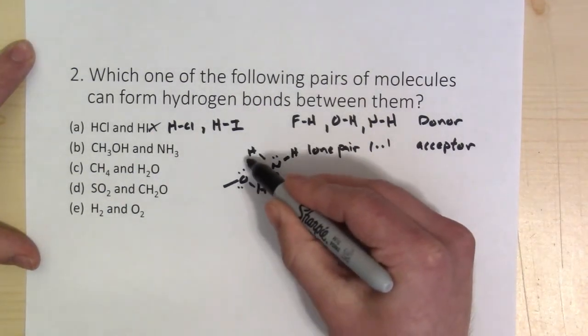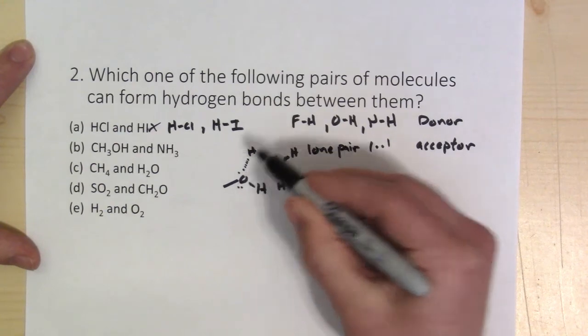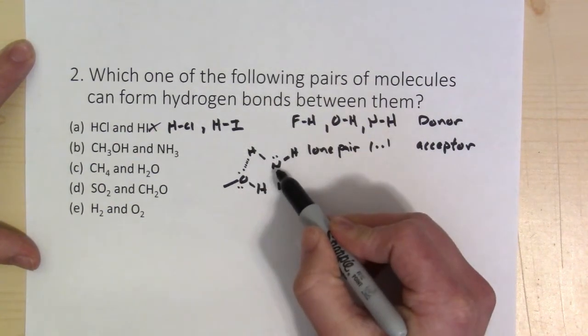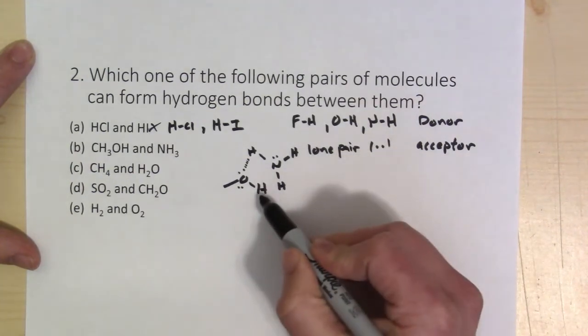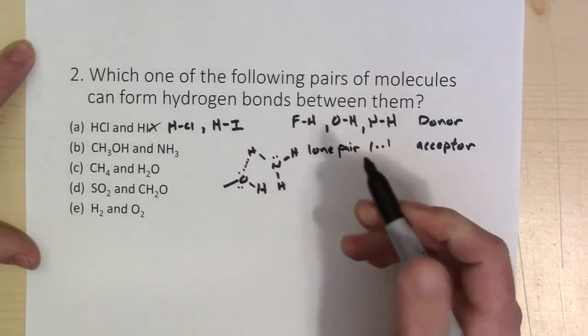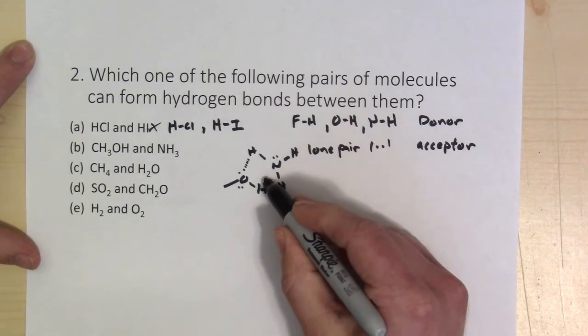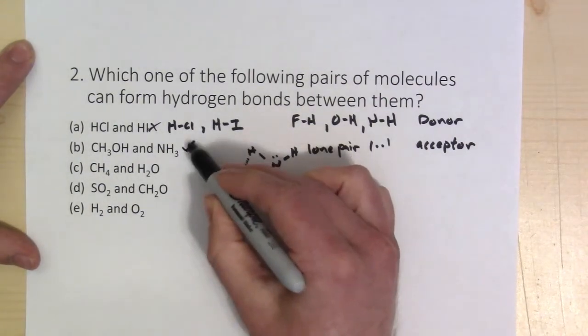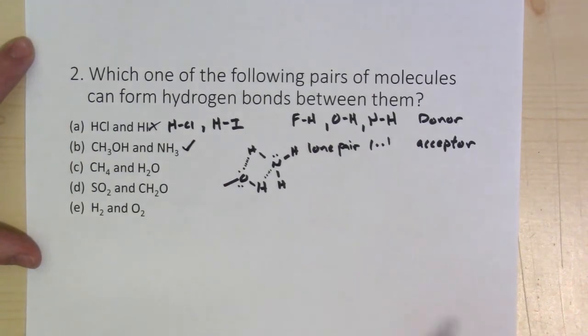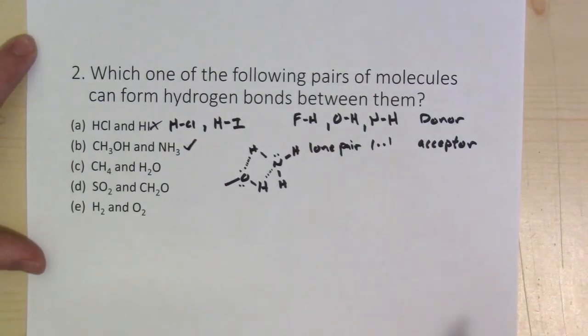So the oxygen can act as an acceptor, and this hydrogen on the nitrogen can act as a donor, or any of the other 2 hydrogens. Or this hydrogen connected to the oxygen can act as a hydrogen bond donor, and the nitrogen can be an acceptor. So that one does have the possibility of forming hydrogen bonds between those 2 molecules.